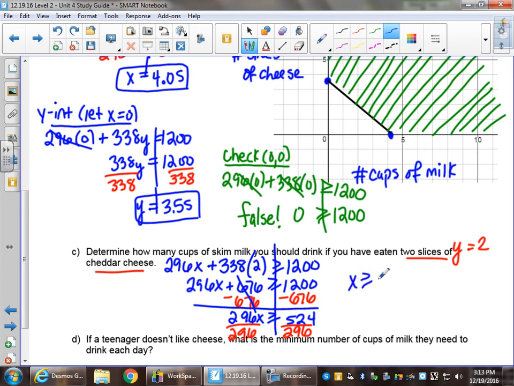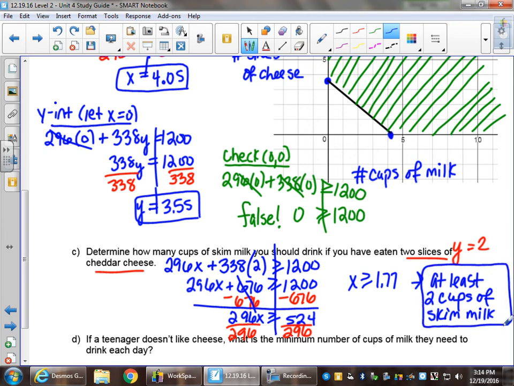X greater than or equal to 1.77. So we're really not talking partial cups. Greater than or equal to 1.77, our real world answer will be at least 2 cups of skim milk. And we're done.